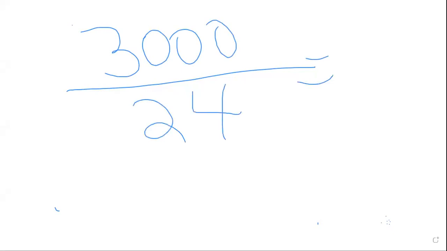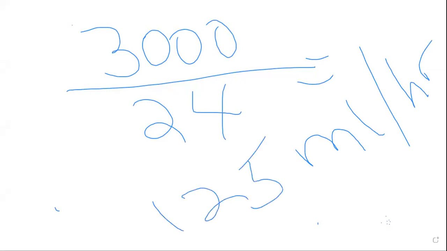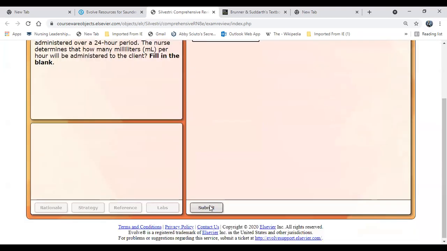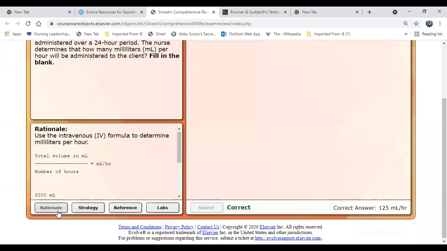So for mLs per hour, would be 125. And there is your rationale.